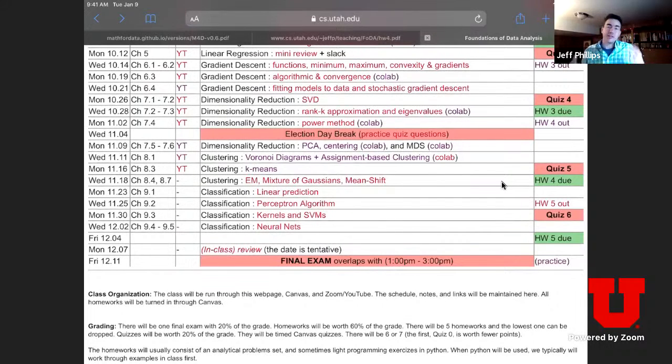But it also gives me a sense that the dimensionality reduction material can be kind of hard to get a handle on, so it might be something I'll focus a little bit more on in the review at the end of this semester.